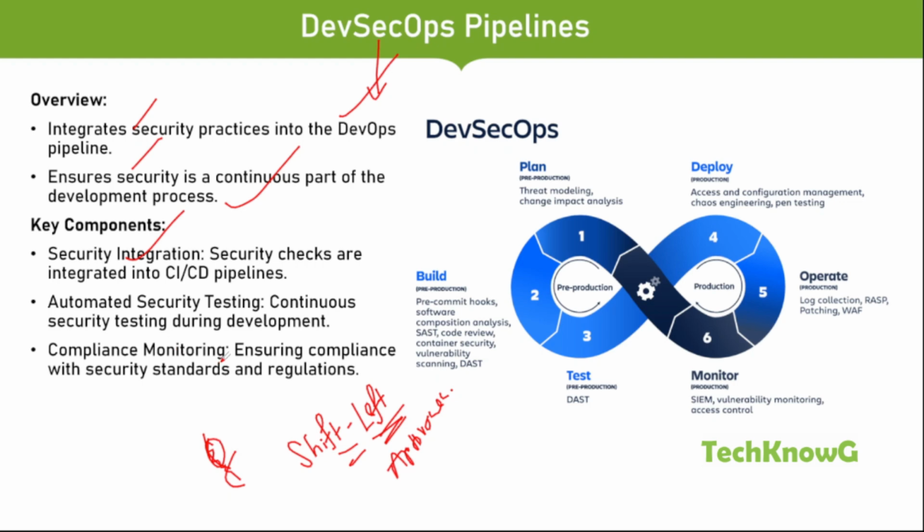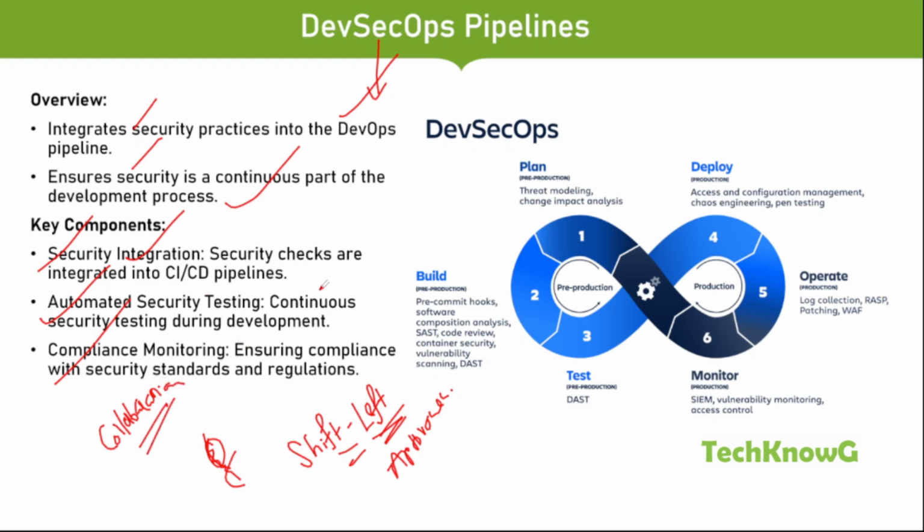And key components like security integration. When they ask an interview question like what are the key components or key features of DevSecOps, what we need to say is security integration, automated security testing, compliance monitoring, and we can also say collaboration, collaborating security, development and operations teams.